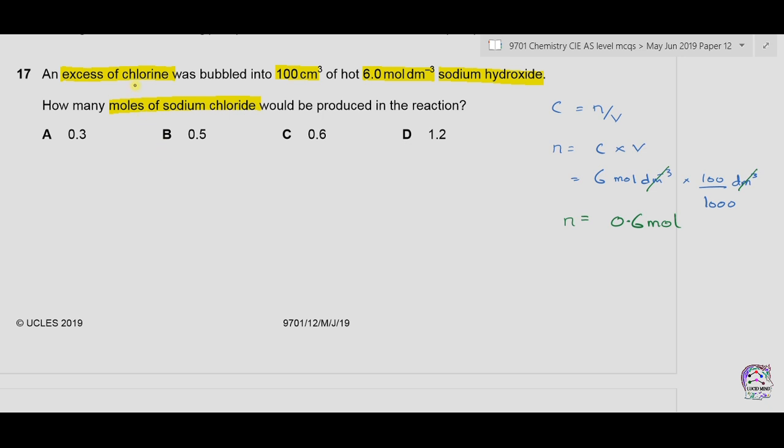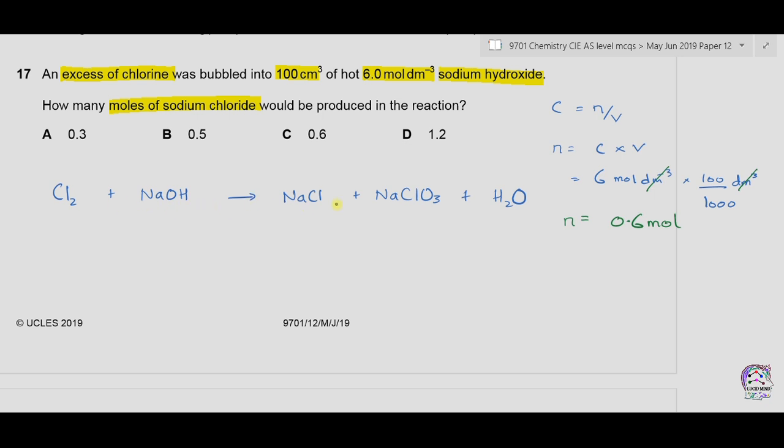Now let's write the balanced equation between chlorine and hot sodium hydroxide. We have Cl2. It reacts with hot NaOH and forms sodium chloride, sodium chlorate along with H2O.